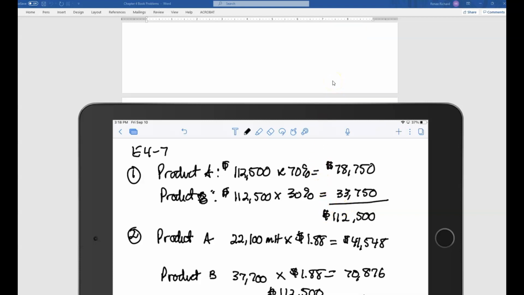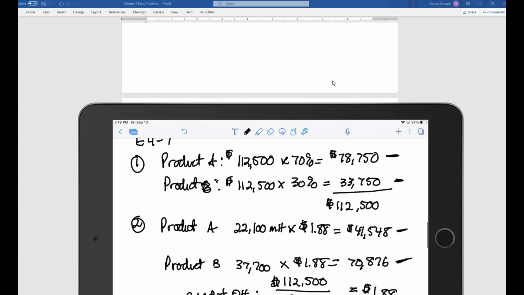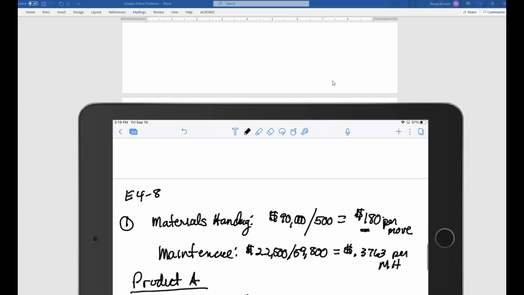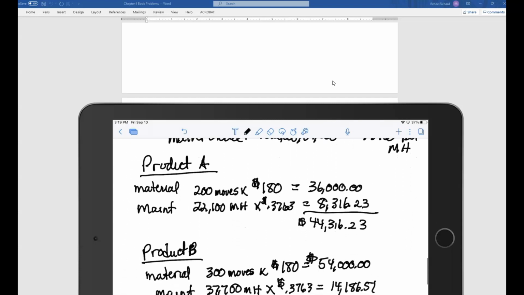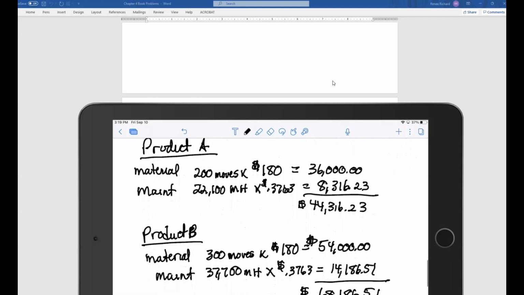So if we use labor hours as a cost driver, this is how much goes to product A, and this is how much goes to product B. If we use machine hours as a cost driver, this is how much goes to product A, and this is how much goes to product B. If we split it up and do it separately with ABC costing, it looks very different. Product A uses a lot less than product B altogether.